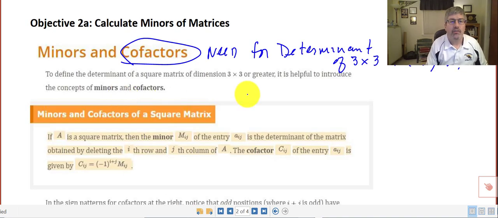Now, not all matrices are 2x2s, and in order to calculate the determinant of a larger matrix, 3x3 or larger, we'll need something called the minors and the cofactors in order to do that.